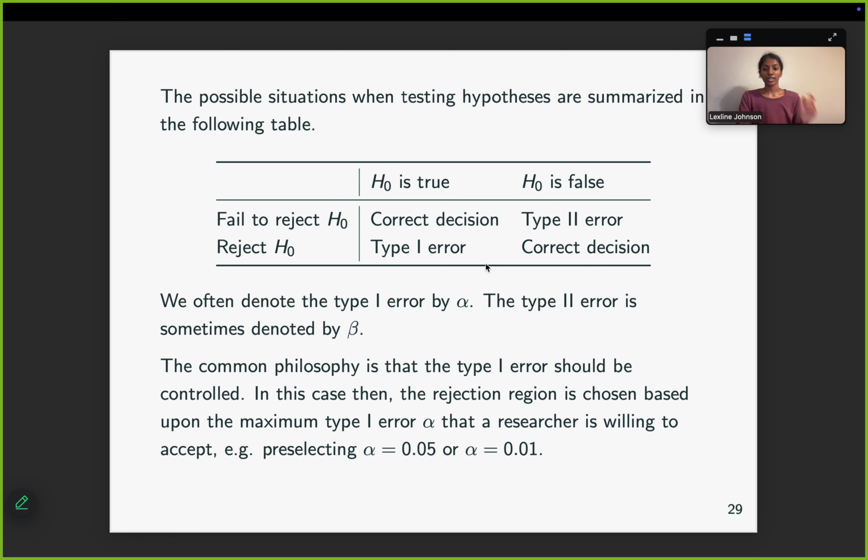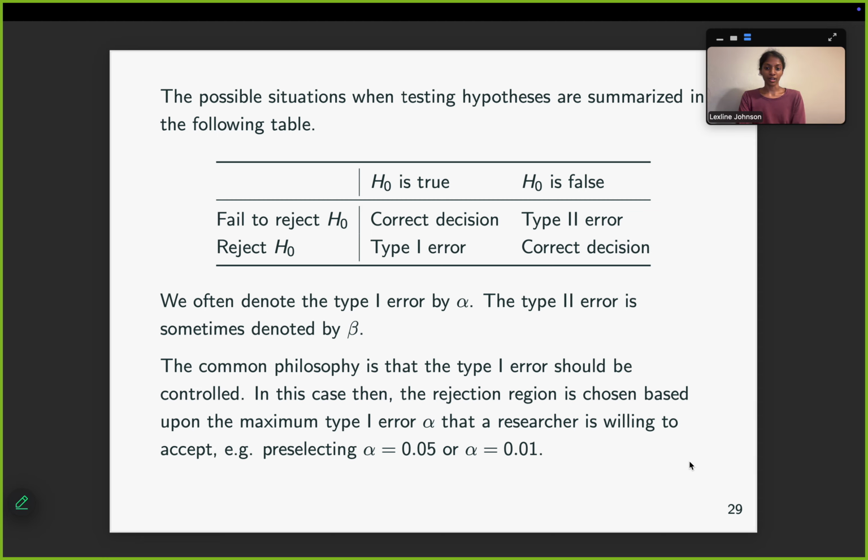And so our type 1 error is denoted by alpha, so that's our significance level. And if we want to reduce the chance of getting a type 1 error, we can lower our significance level, and that will decrease our chance of getting a type 1 error. And then our type 2 error is denoted by beta sometimes.